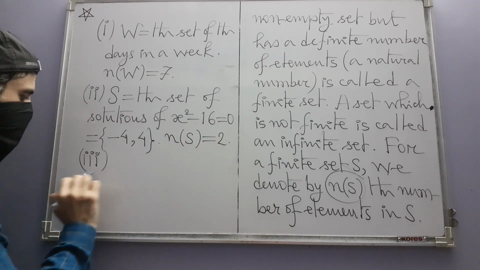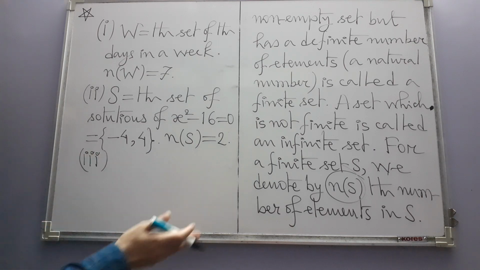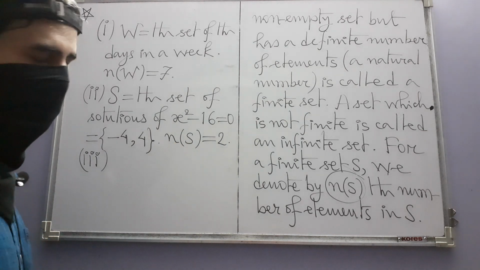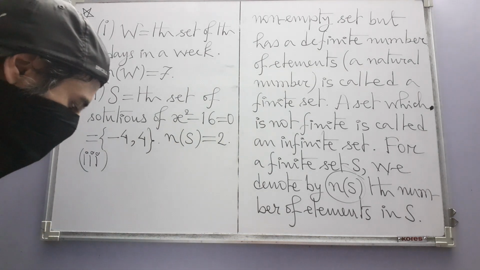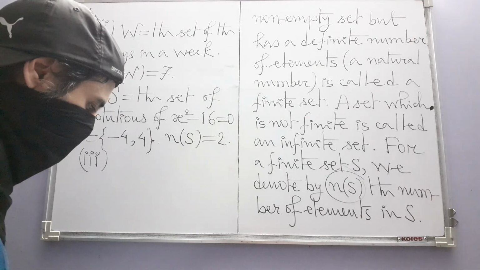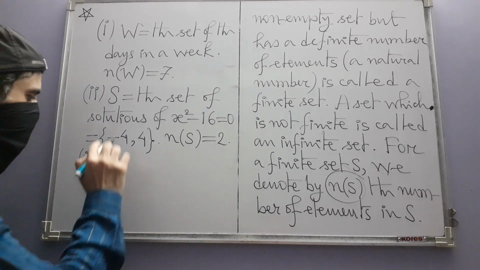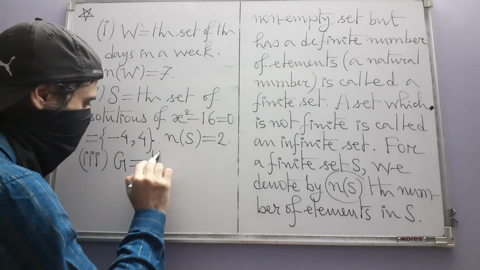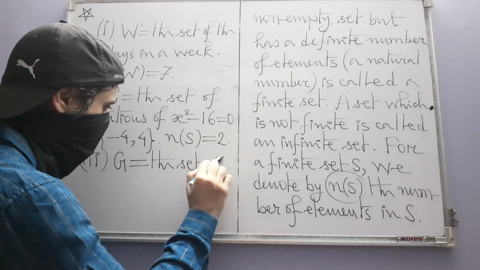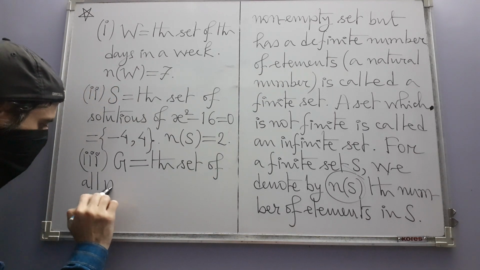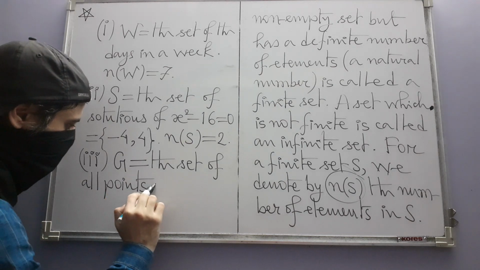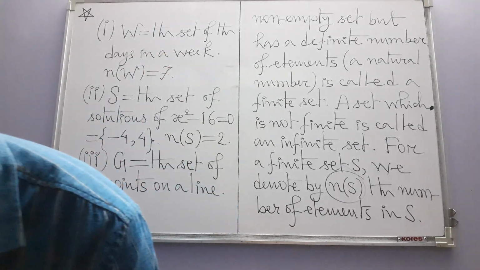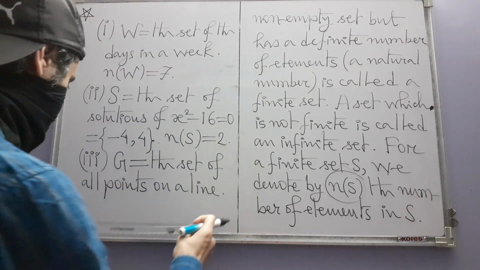Oh, and I would like to add one more set to this list of sets. Let us first write down what we have in the book. And then for some reason G, the set of all points on a line, a straight line. Now let me just draw a straight line.